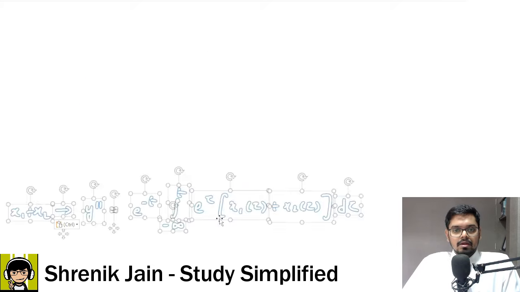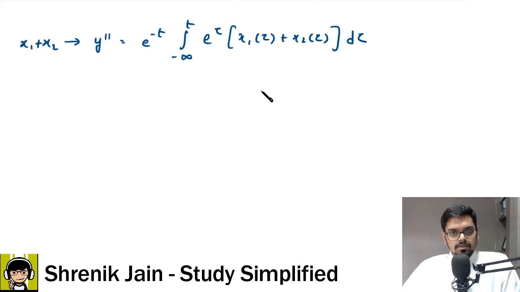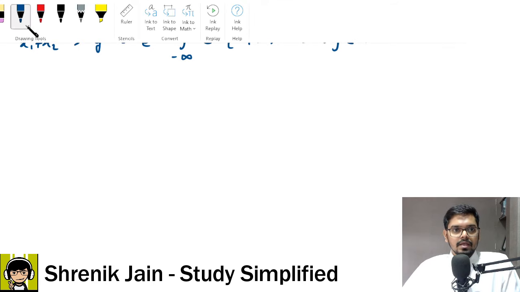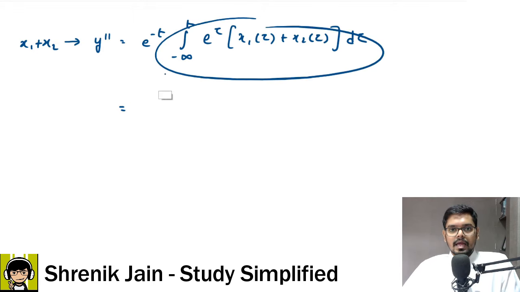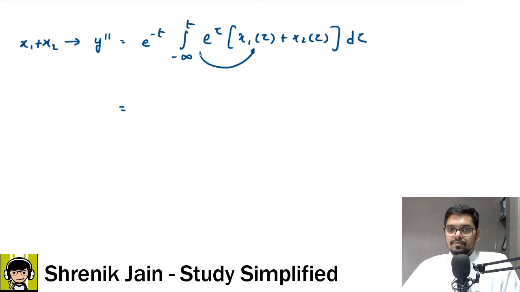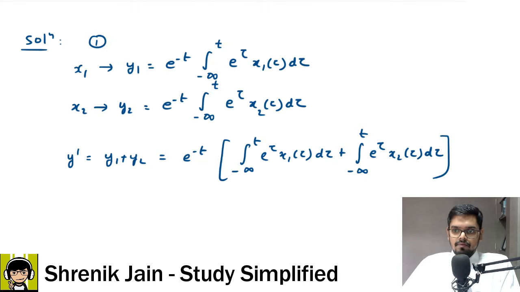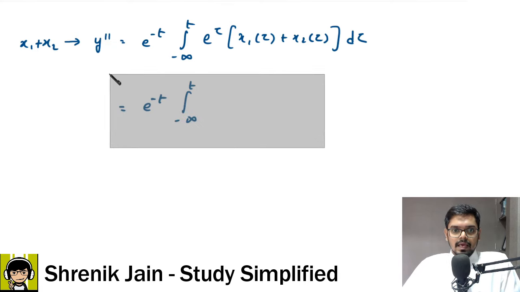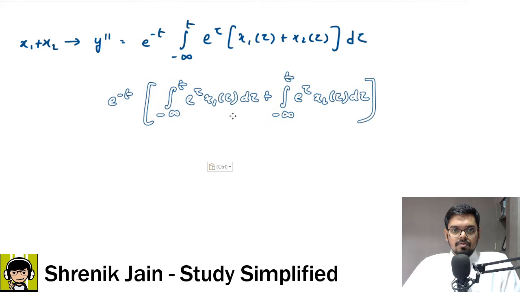But if you are not that smart, then you have to do one more step, that is splitting of integration. Integral will go to this function and then integral will go to that function, right? So e to the power minus t outside, integral minus infinity to t. Okay, let me write in the same format. This is how the things would look like. If you do the expansion, this is how the things would look like.